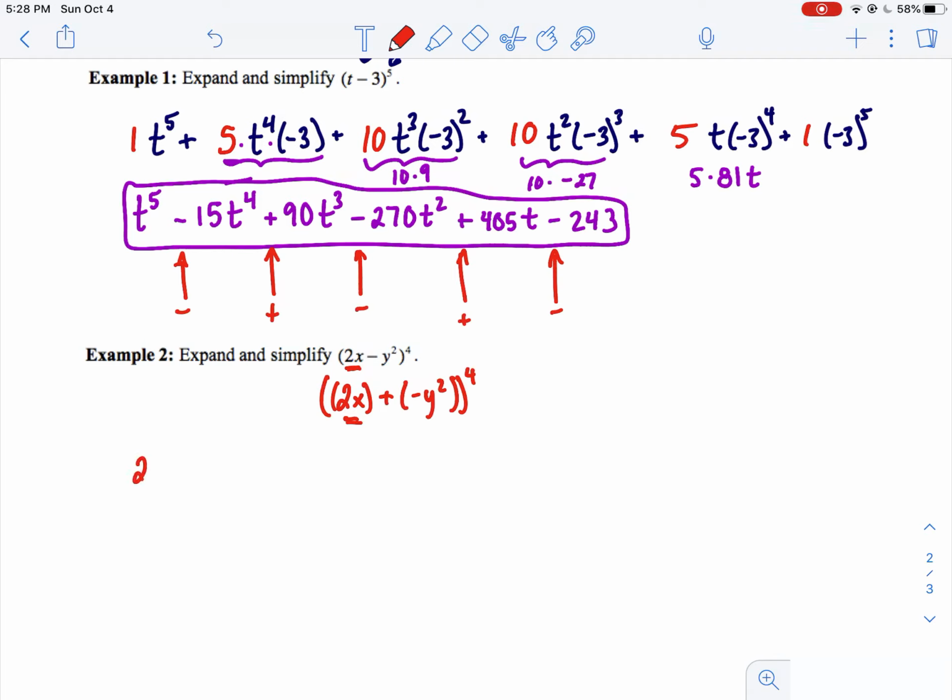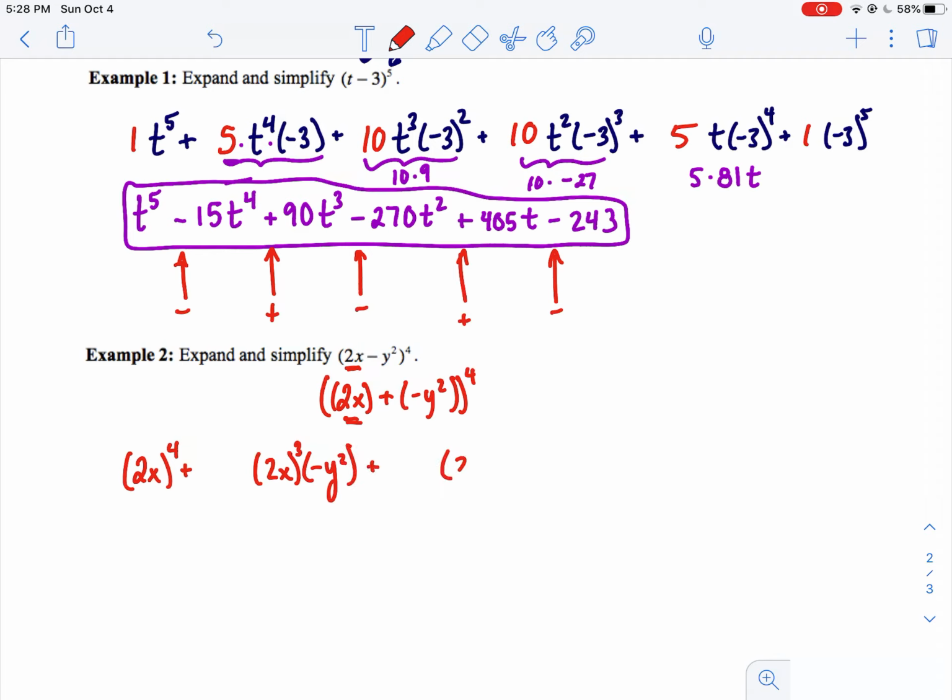You're going to look at the 2x, and you're going to say, well, I know that 2x starts out to the fourth power. The hardest thing with that is remembering that the 2 is also going to go. So always put those little parentheses around it, okay? Then in the next term, that 2x is going to drop and be going to the third power, but in comes the negative y squared. Okay?